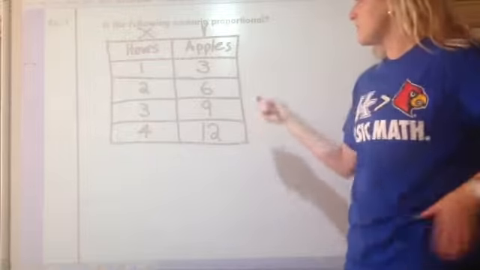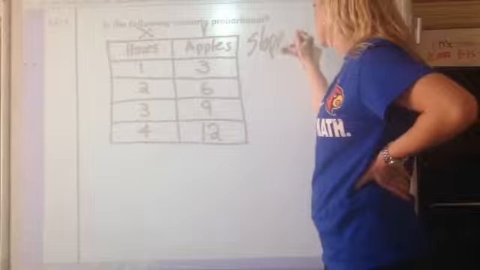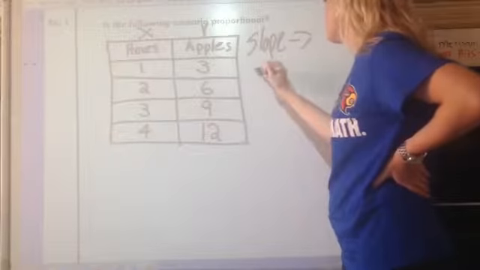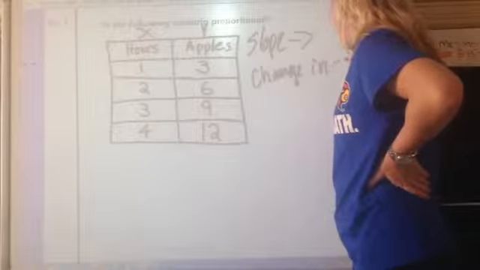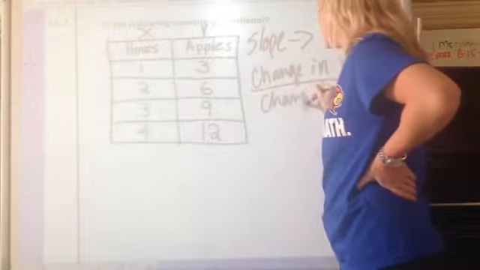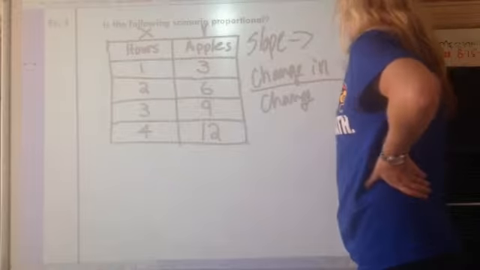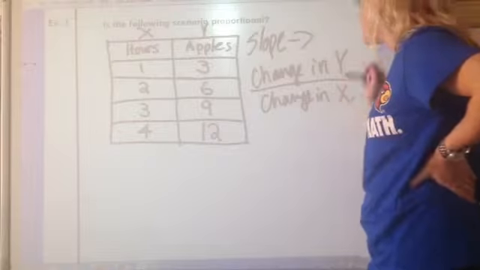slope between our numbers. And slope can be found by finding the change in y over change in x.